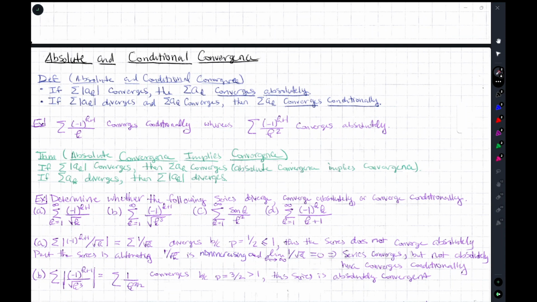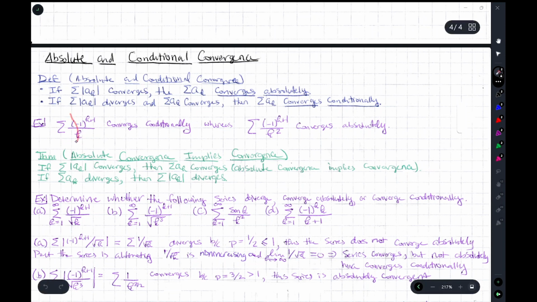Okay. On the other hand, if after taking the absolute value, your series diverges, but without taking the absolute value of the terms, the series converges, we say that the series converges conditionally. So an example of a series that converges conditionally is the alternating harmonic series.